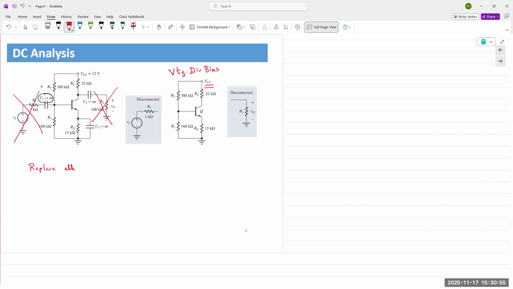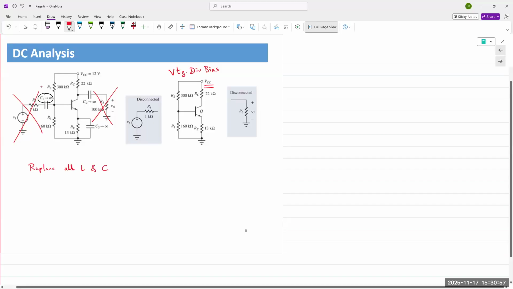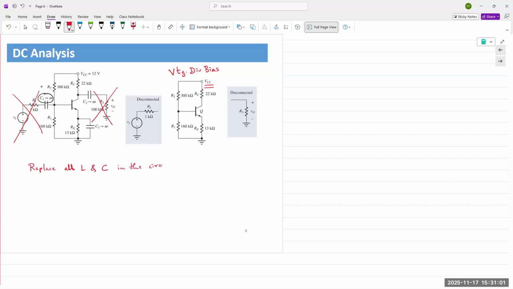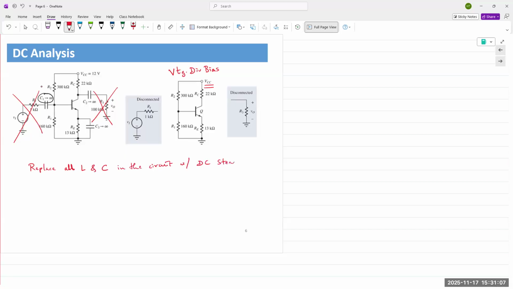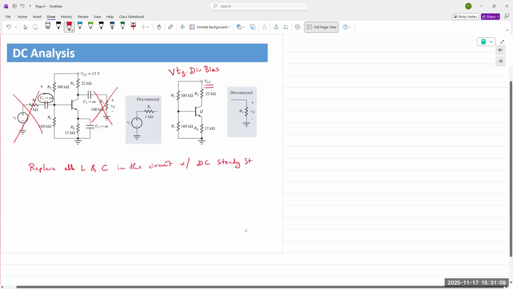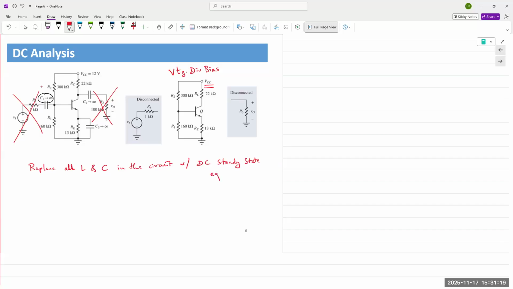all inductors and capacitors in the circuit with their DC steady state representation, or DC steady state equivalents.